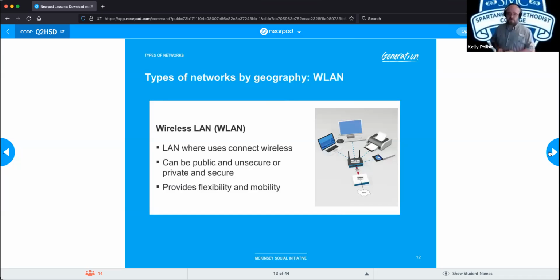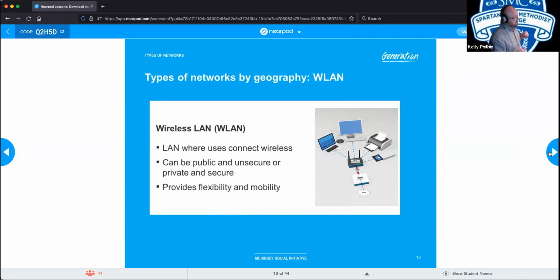WLANs, or wireless local area networks. We are very familiar with this in our houses. And when we go out to restaurants and hook up to their Wi-Fi, this is a wireless local area network. Everything is connected through Wi-Fi technology. It can be public and unsecure, or it can be private and secure, depending on how it is set up.